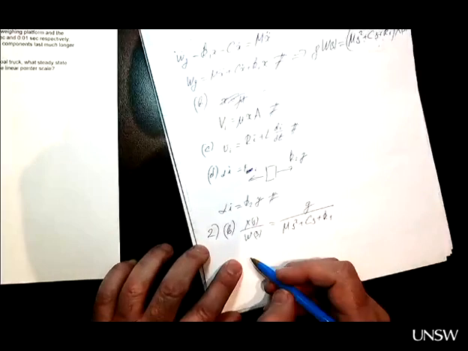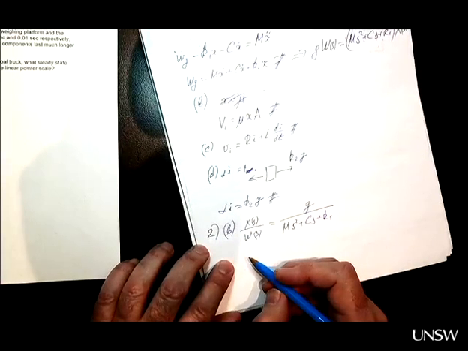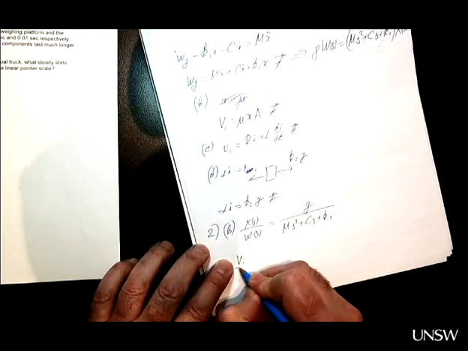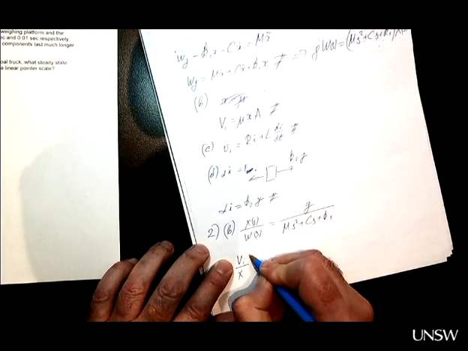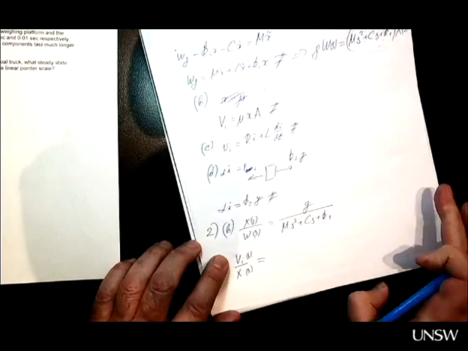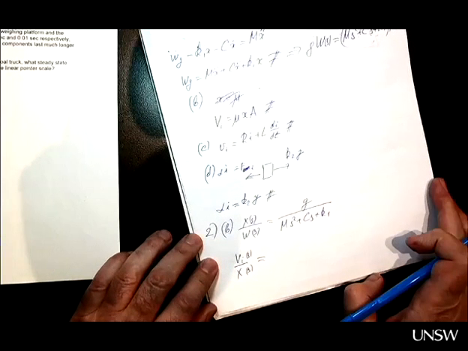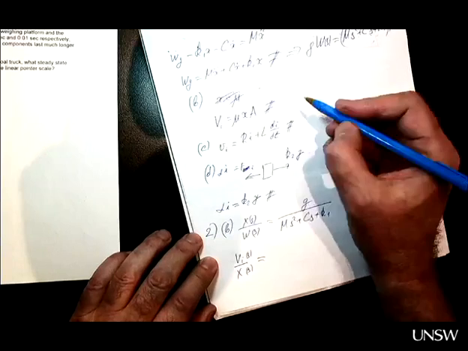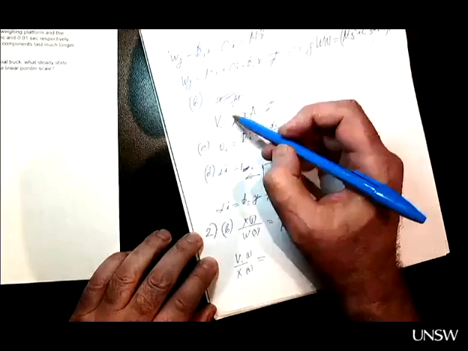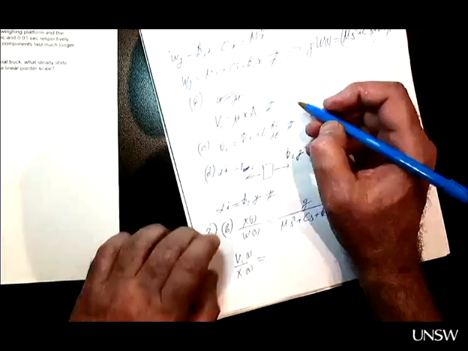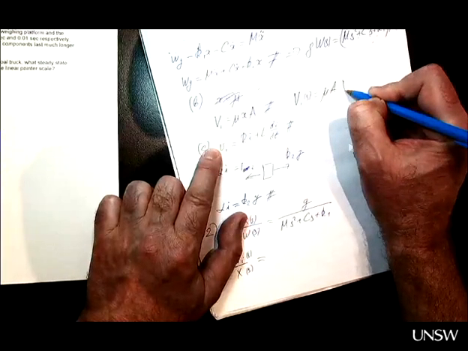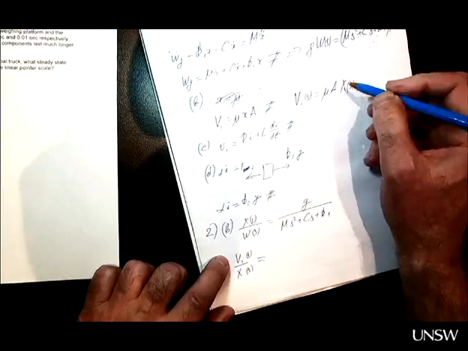Okay. Now, next one is vi over x of s. You obviously can apply Laplace transform. All you're going to get is vi of s equals mu a x of s. So vi over x equals mu a.